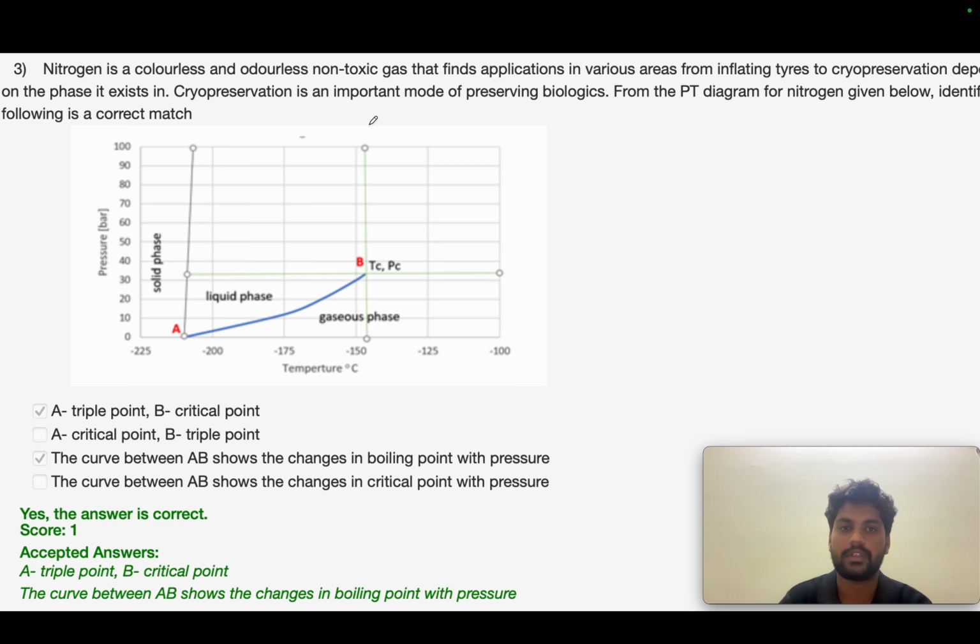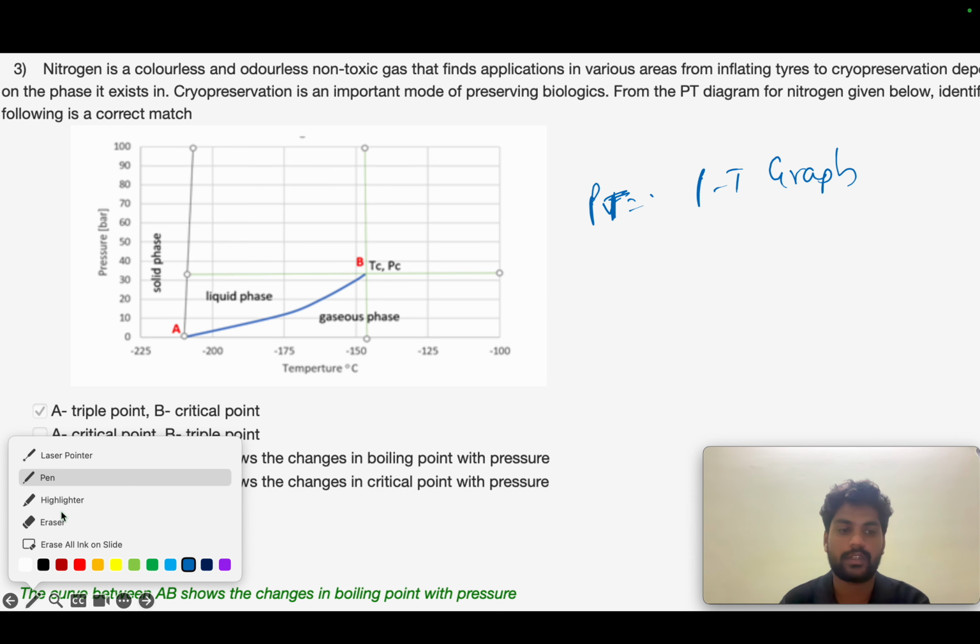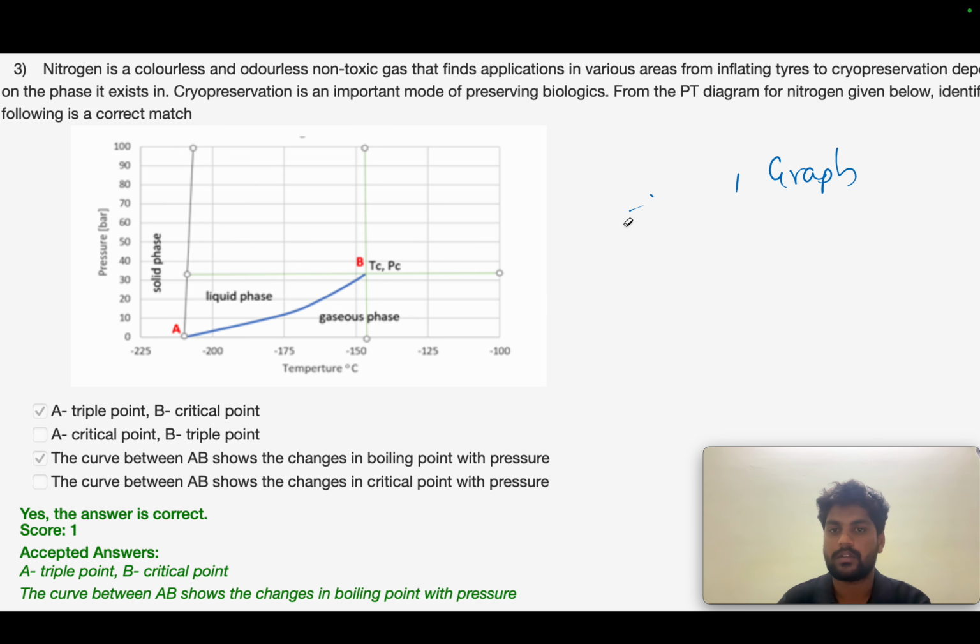I will explain to her because she has a doubt in this question, the PV graph, PT graph. I will explain it in the class where she is there.